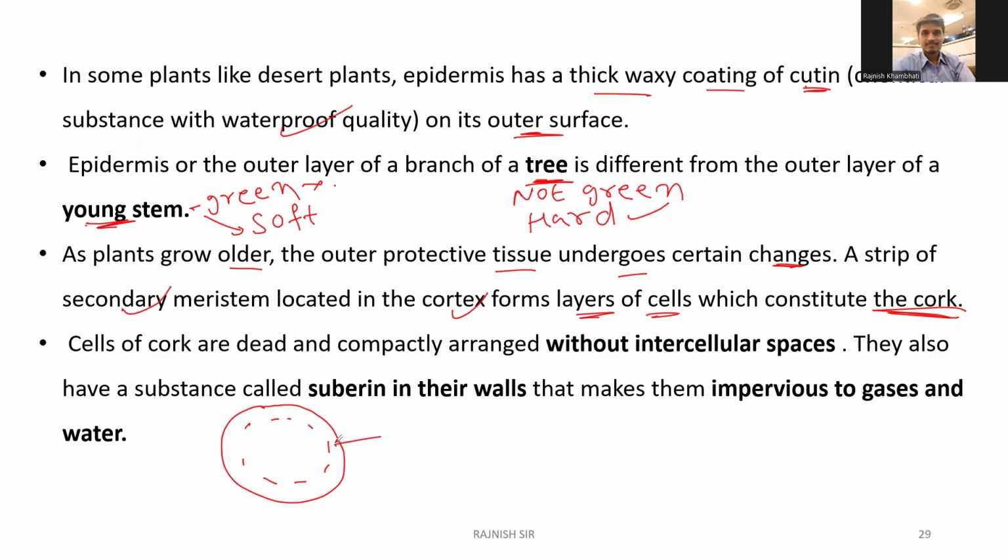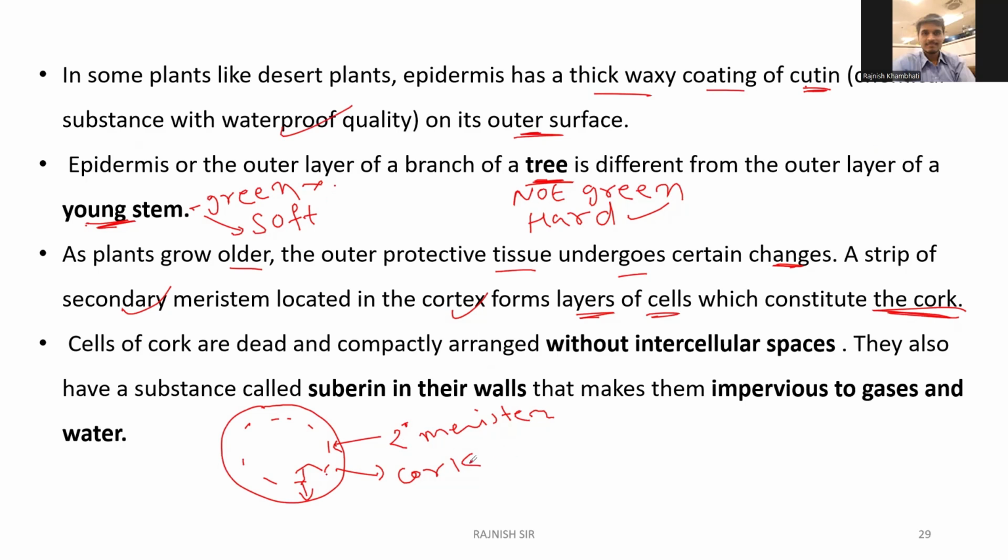This portion is known as secondary meristem, which will later help in the cork formation. It will later form the cork outside, because it is going to add cells inside and outside.